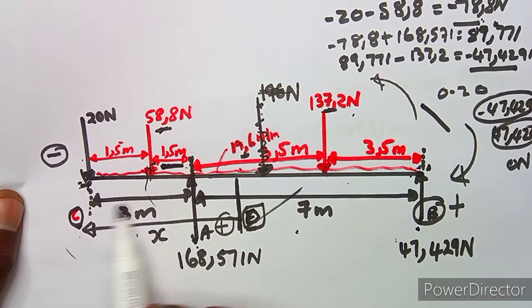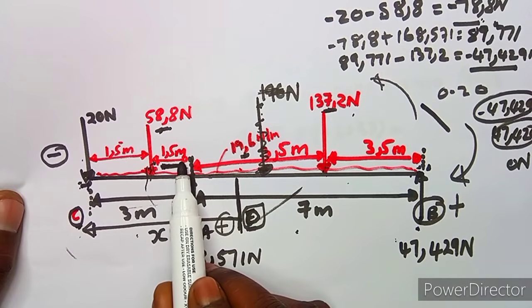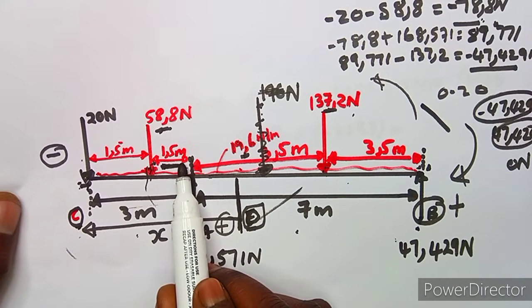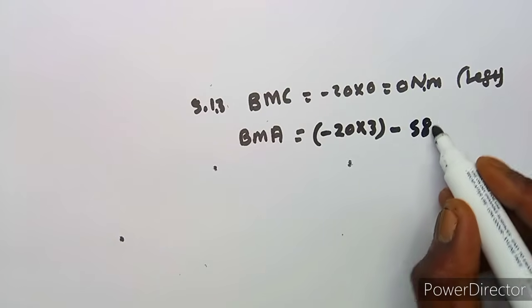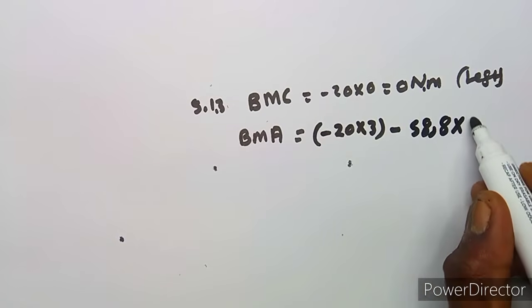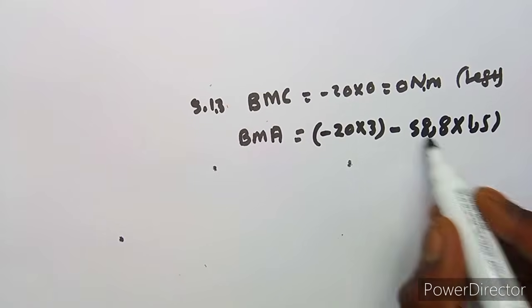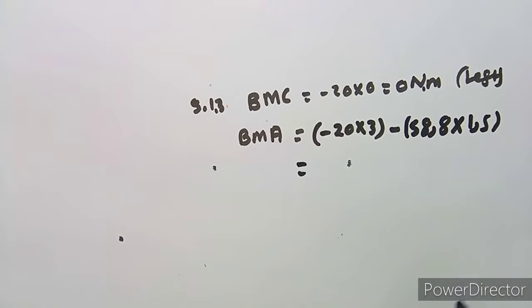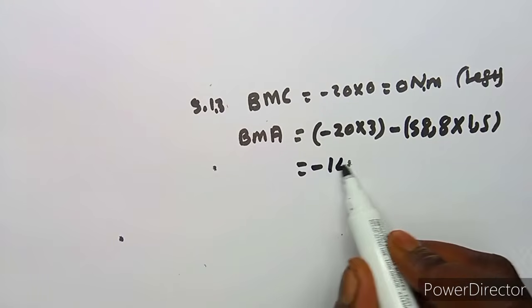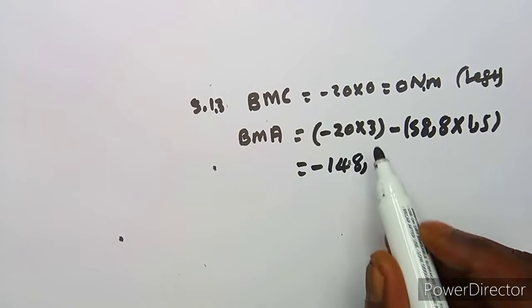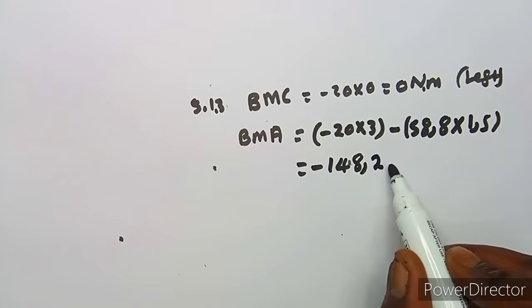Remember, it was distributed between 3 meters, so now it's 1.5. So it's going to be 58.8 times 1.5, which is the distance between. This is going to give us something like negative 148.2 Newton meter.